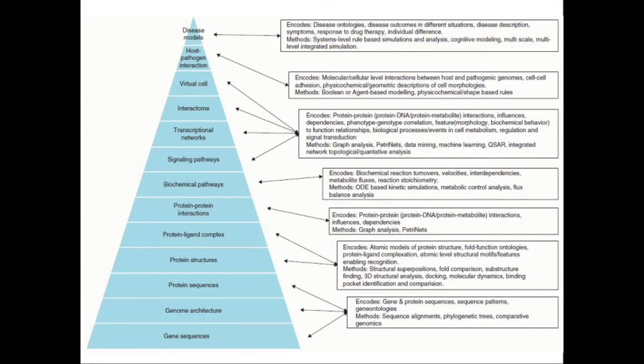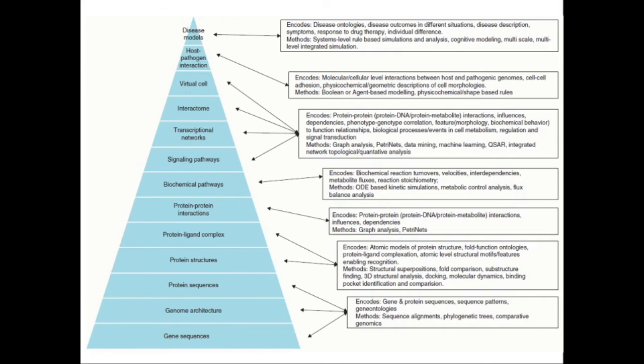Going up a couple more levels, we can then start to look at protein structure and protein ligand complexes. Here we can be talking about using proper structures, ideally, but also models. We can then move into ideas like docking, molecular dynamics, identifying binding pockets, comparing those pockets so that we avoid side effects as a result of cross reactions.